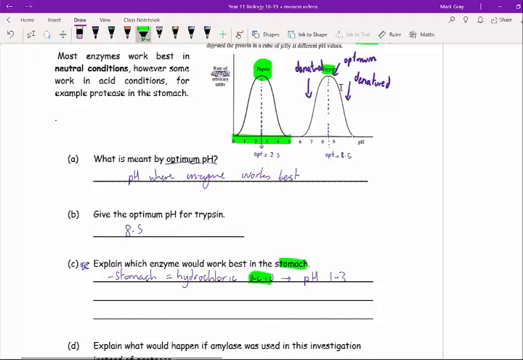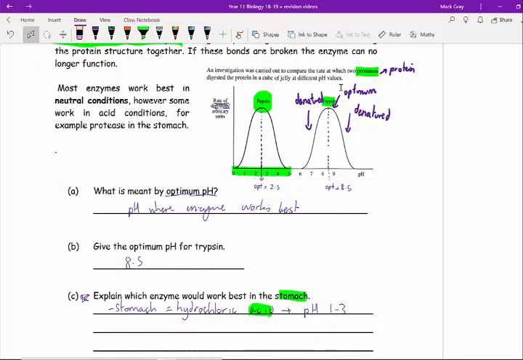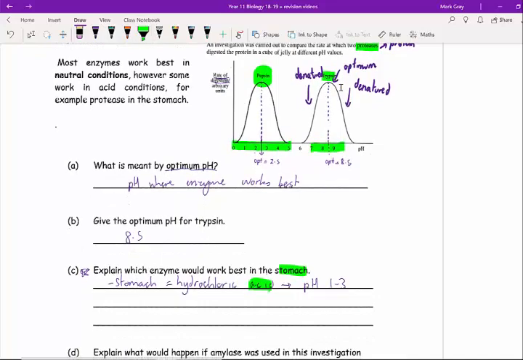It works best around 2 or 3. Whereas trypsin will only really work between 7, 8 and 9. So out of these, it is going to be pepsin, and that is because of the hydrochloric acid in the stomach. Pepsin works best in acidic conditions.